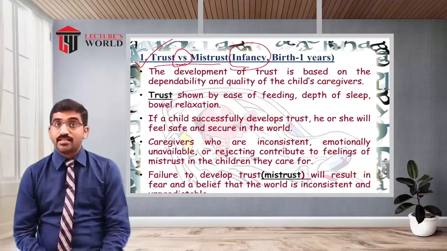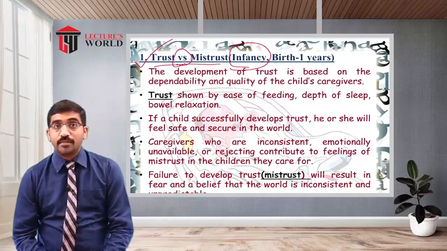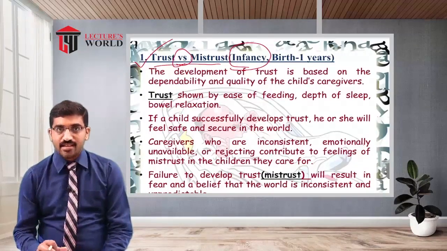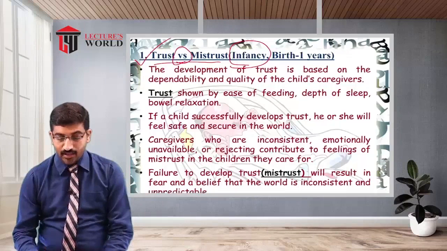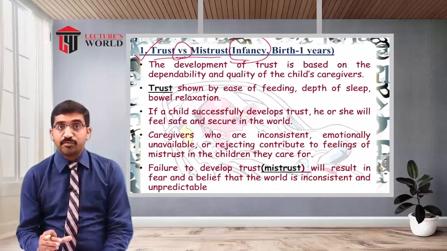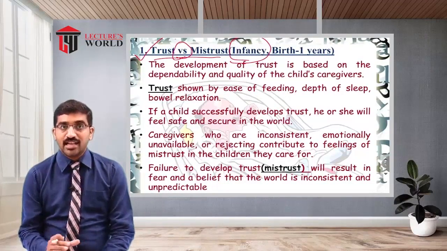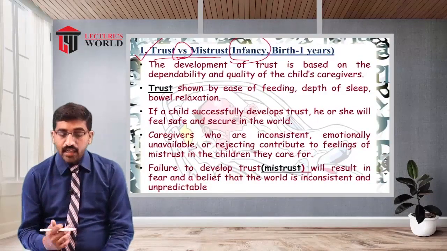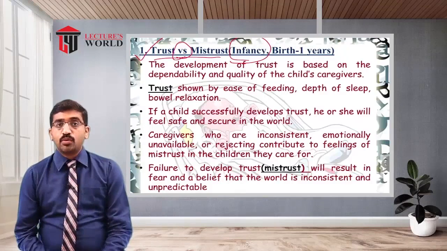Infancy period, once I told you, infancy means from the birth till 1 year of age. In this slide also you can see the background. In every age group I have put the age group image as a background, so you can easily remember this. Trust means what? Whom we trust more, that is very important.